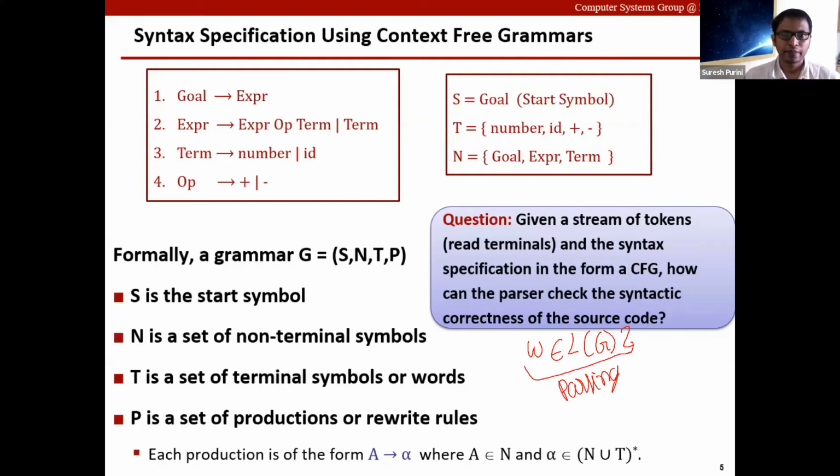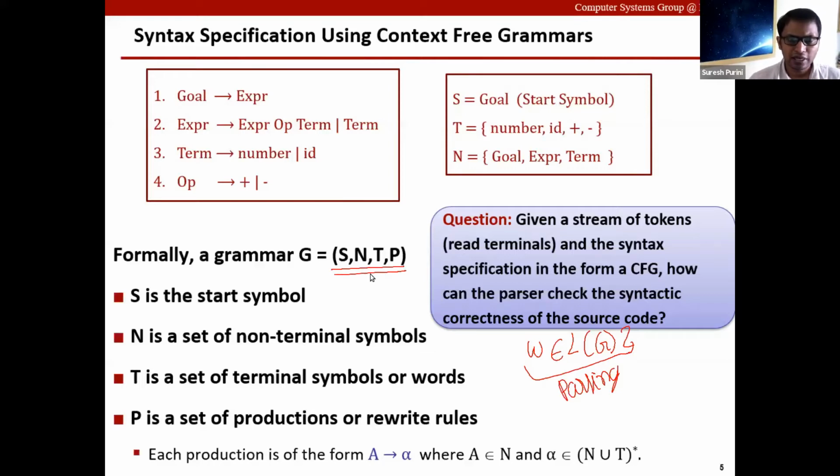Just to recall, we have an example context-free grammar here, and formally a context-free grammar is defined as a four tuple.